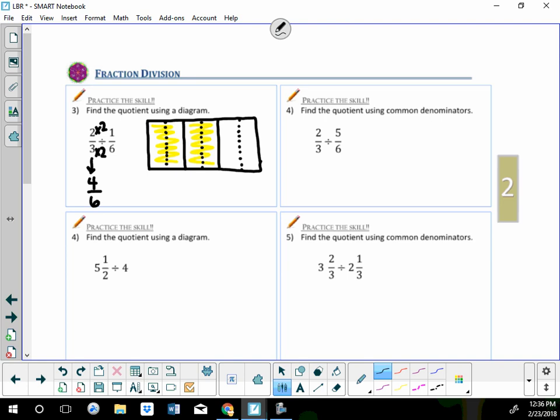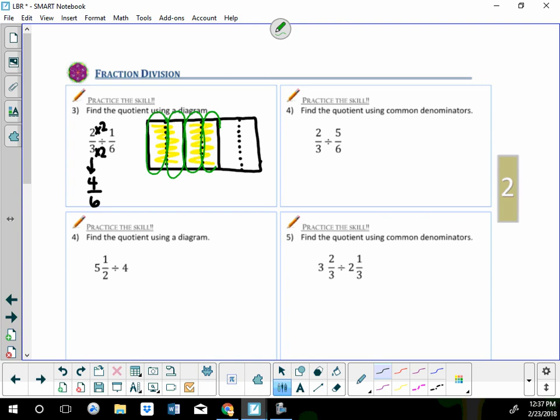Are you able to just say 4, or do you have to say 4/6? That's a really good question. Let me do a few things, and then we'll talk about it. So then I want to divide this up into pieces that are the size of 1/6. So I have one group of 1/6, 2 groups of 1/6, 3 groups of 1/6, and 4 groups of 1/6.